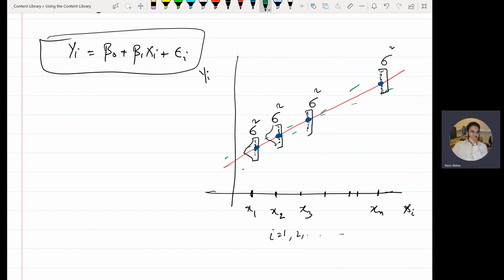We expect x bar to be somewhere close to mu, right? So the line you estimate will also be somewhere close to this red line. This red line you will never know. So we are looking for an estimate of this red line. This is the whole story of the course. Any question?